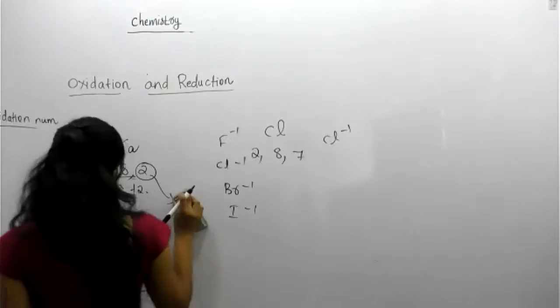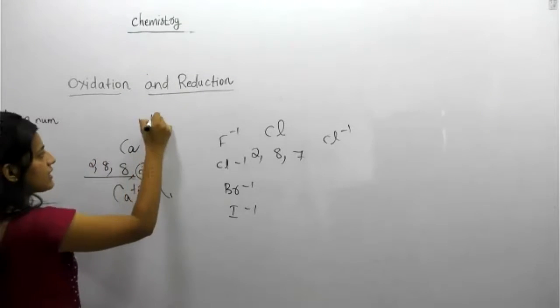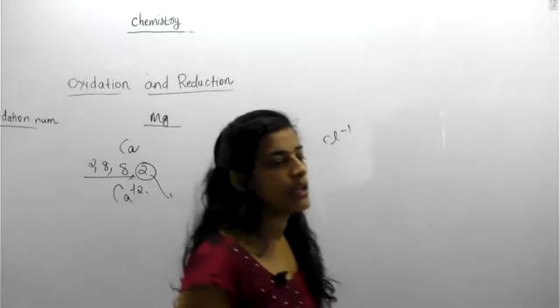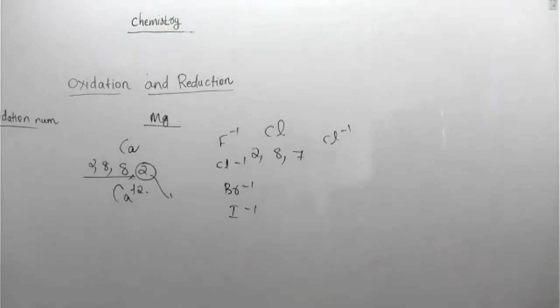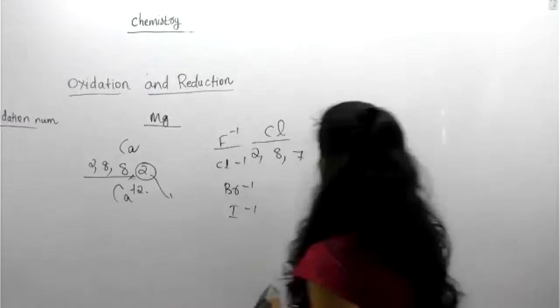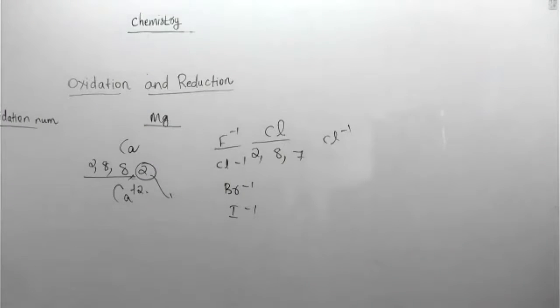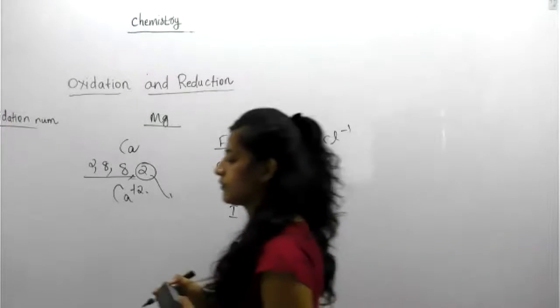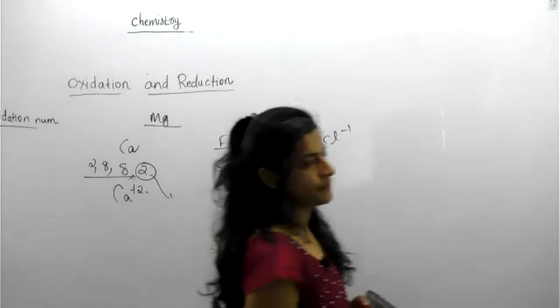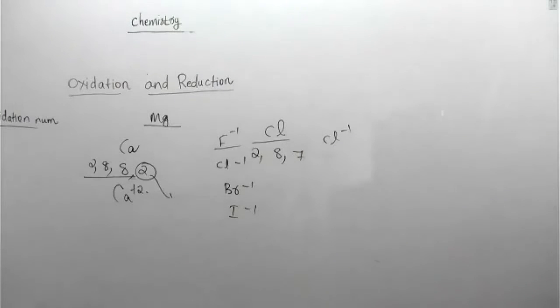Then one more, magnesium. Try, magnesium. You want to find out the atomic number and then tell me the state. Magnesium is a metal like calcium.